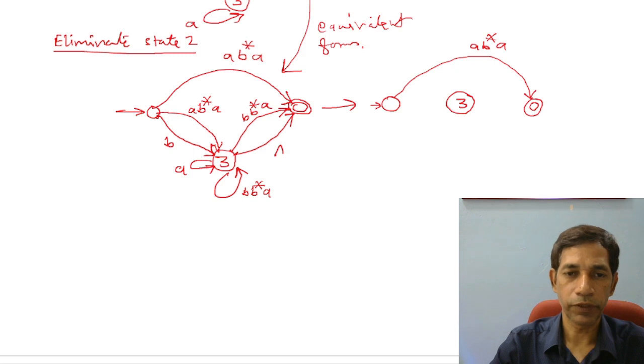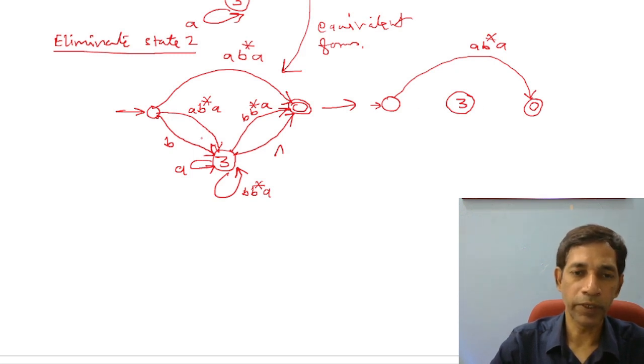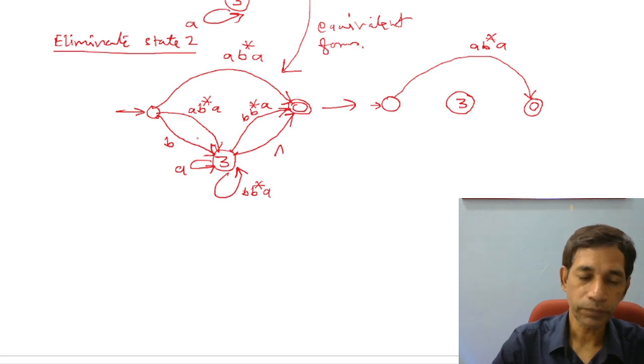Now from the initial state to state 3, we have two parallel edges going in the same direction. So we have to add them.